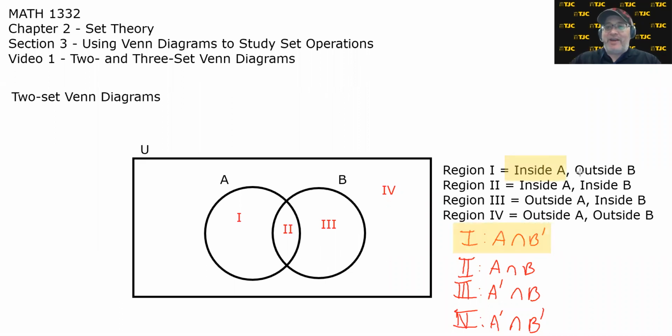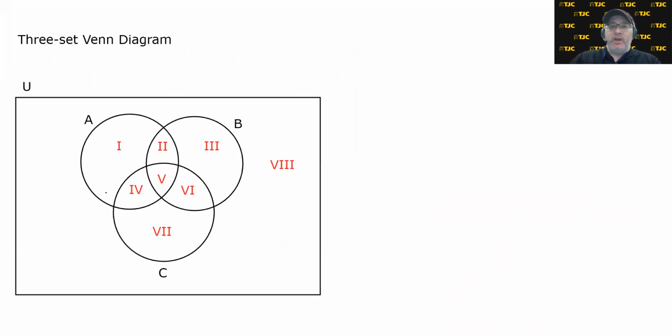A means inside of A, B complement means outside of B, and the region that is inside of A but outside of B is region 1. So I want to attempt to just quickly describe all 8 of these regions in terms of circles and their complements and intersections. And it's not nearly as hard as it seems. All you have to do for each region is ask yourself, for each circle, is it inside or outside?